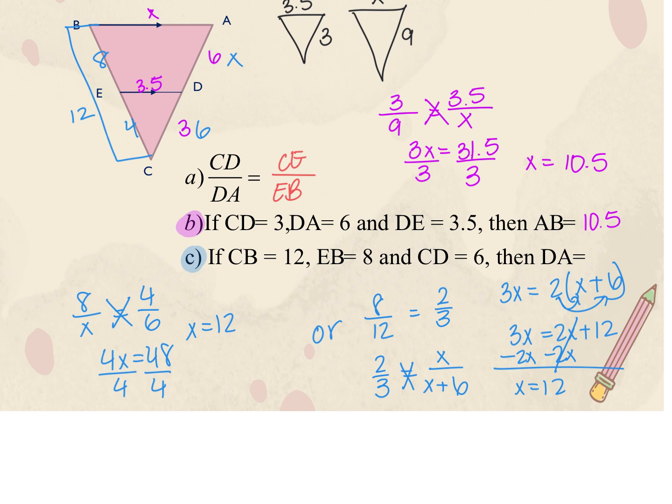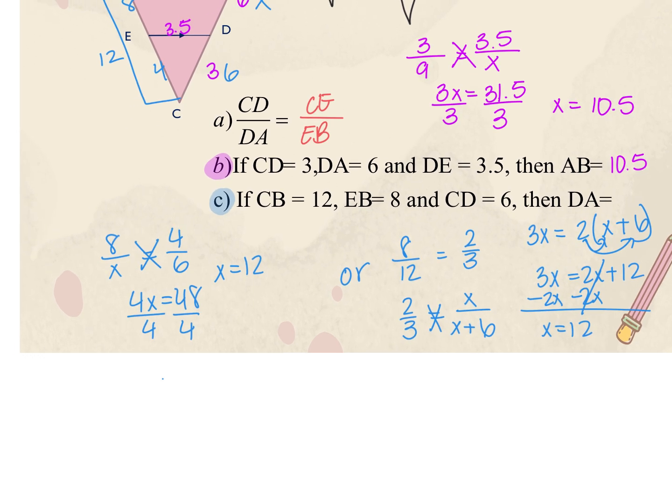All right, questions on B or C? Yeah. There's quite a few ways you can do this. When I was trying to figure out before, I did like 4 over 12. That still works. Yeah, you did what? 4 over 12 equals what?